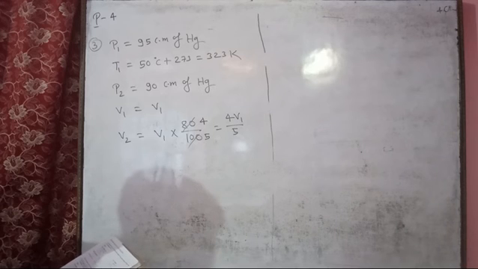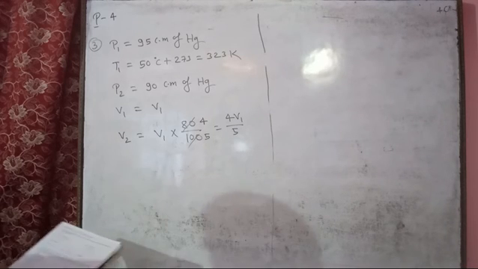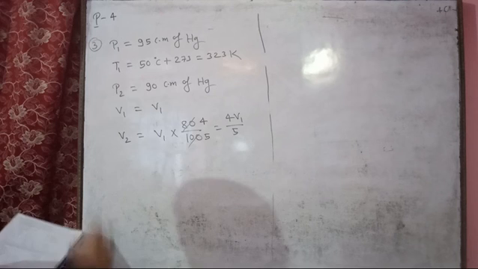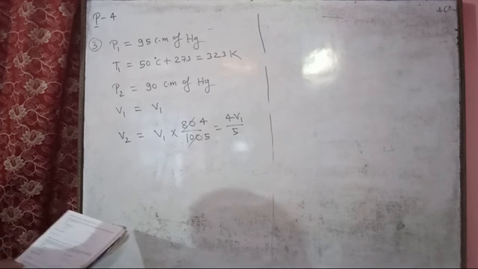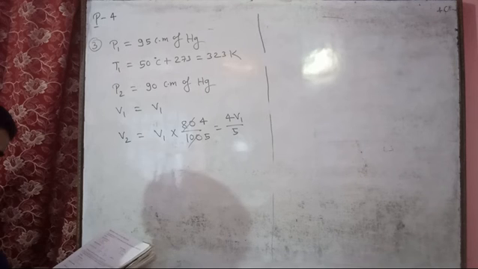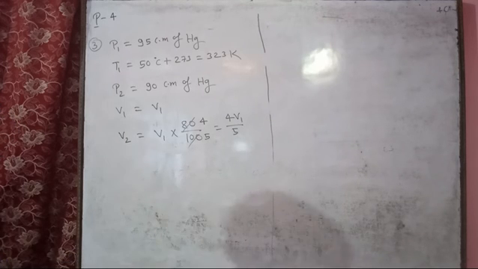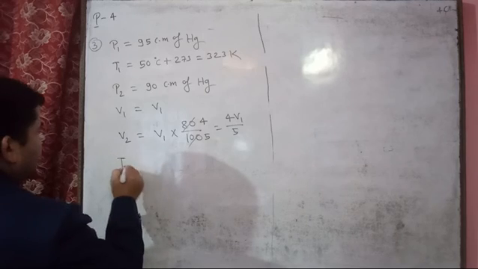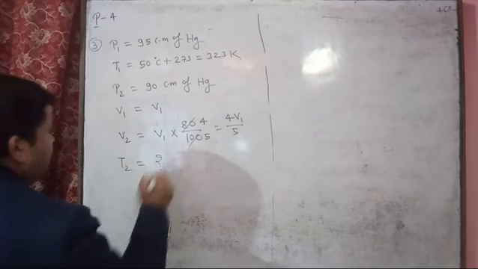This is the second volume, and the pressure of the gas is 90 centimeter of Hg. To what temperature should it be cooled? The temperature asked is T2, so you have to determine T2.